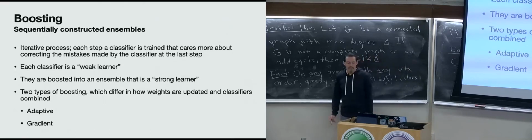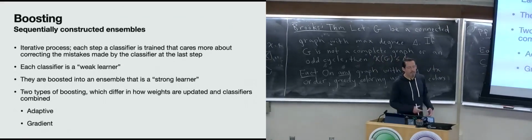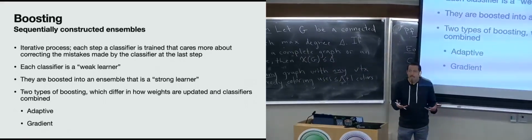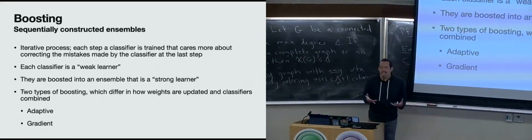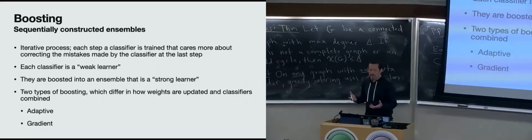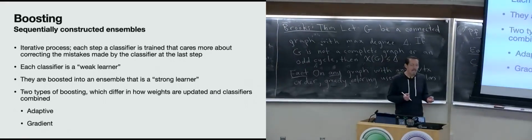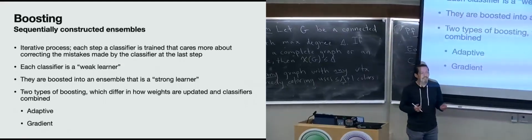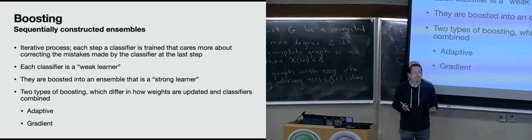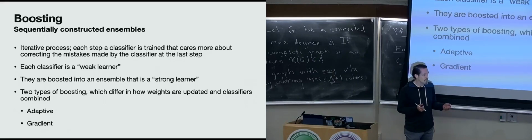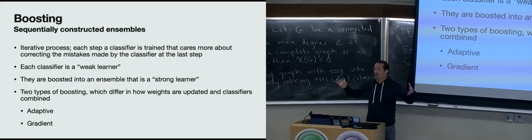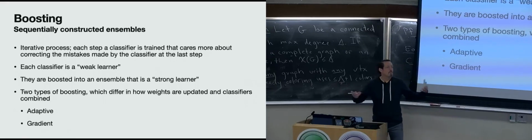So what is boosting? Boosting is like bagging in that we've got a bunch of classifiers. But the key intuition that makes boosting different than bagging is that every time we make a classifier, we're making it to fix the mistakes of the last classifier in the ensemble. Okay? So in bagging, all the classifiers in the ensemble are independent.